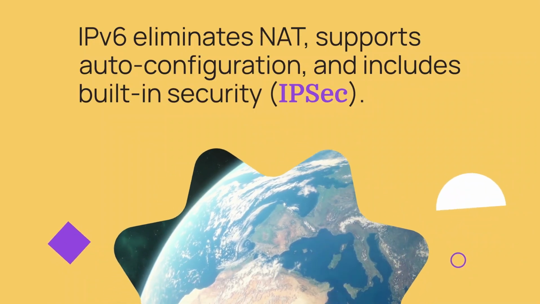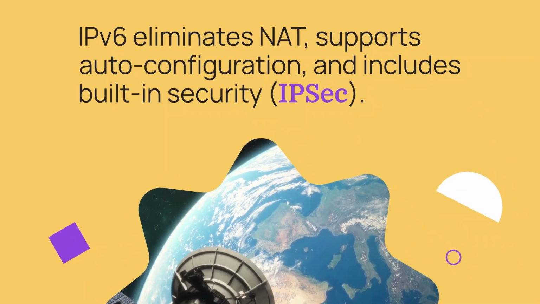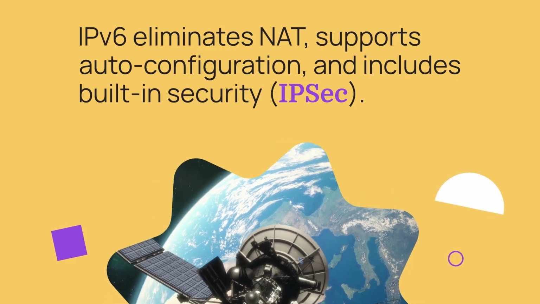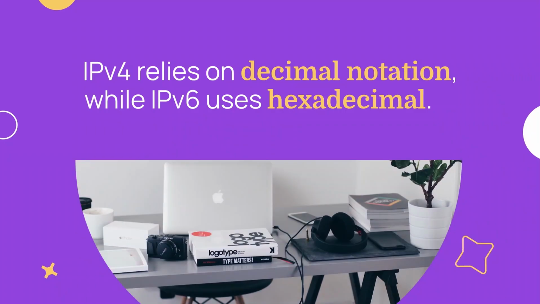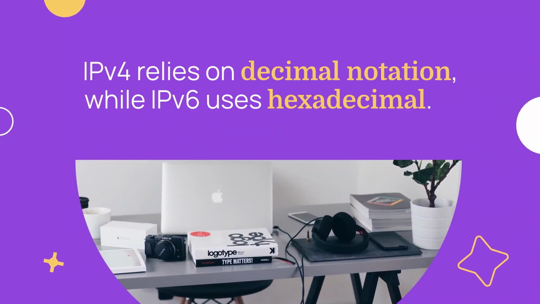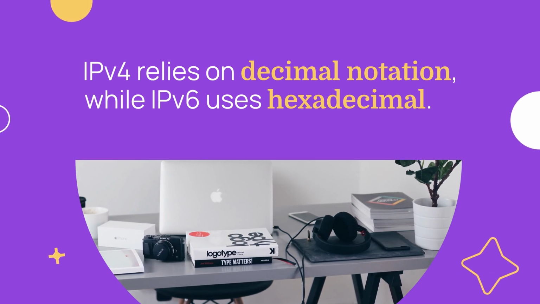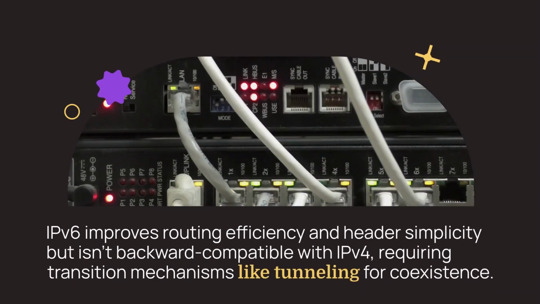IPv6 eliminates NAT, supports auto-configuration, and includes built-in security, IPsec. IPv4 relies on decimal notation, while IPv6 uses hexadecimal. IPv6 improves routing efficiency and header simplicity, but isn't backward compatible with IPv4, requiring transition mechanisms like tunneling for coexistence.